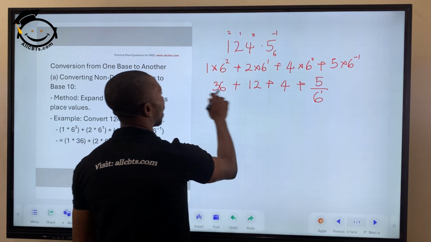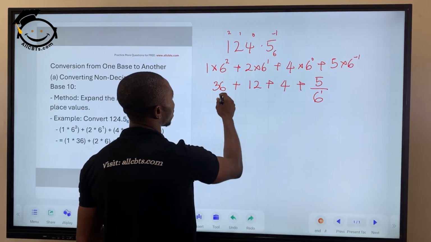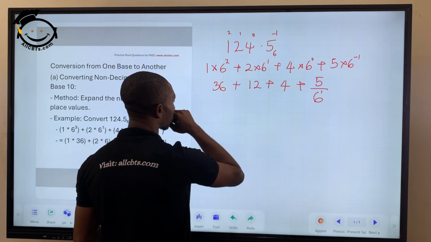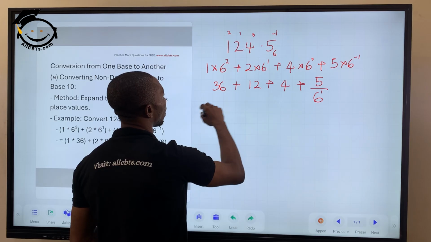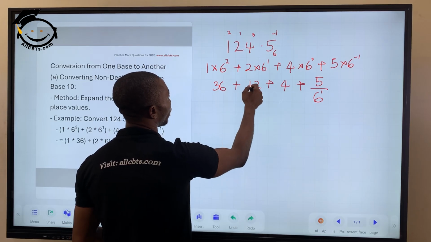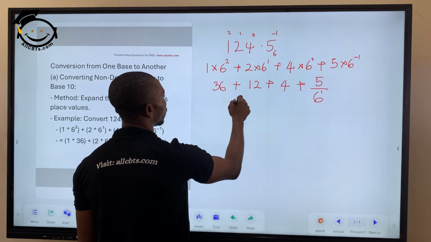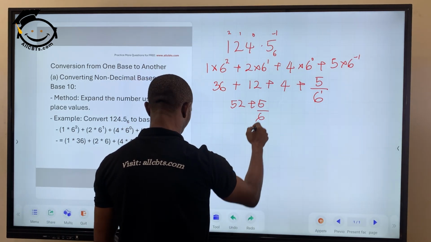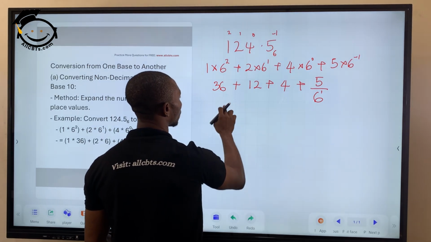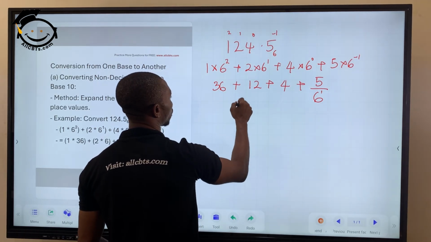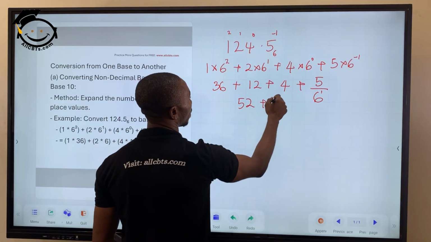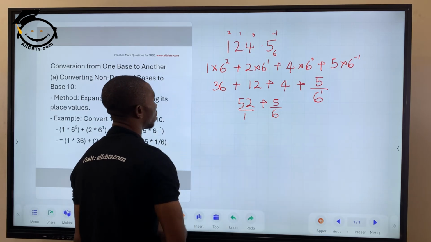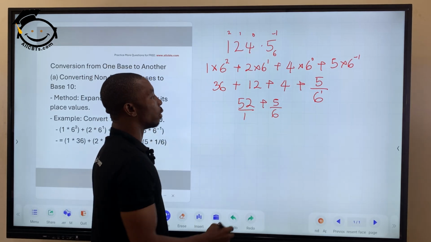Alright, now adding all this up, we have 36 plus 12, 48, plus 4, 52. That will give us 52 plus 5 over 6. Now, since this is addition, our LCM will be 6.